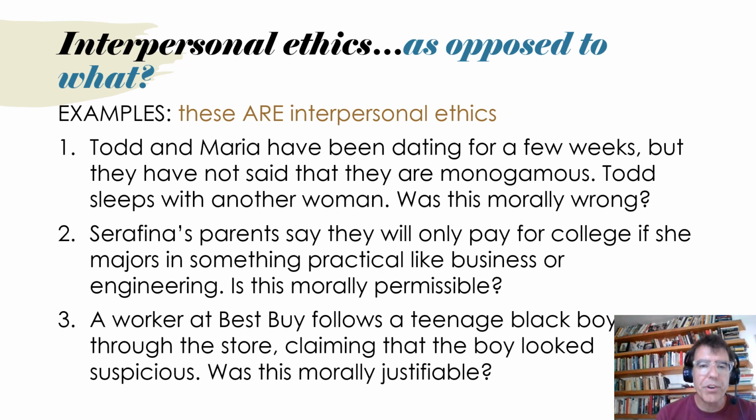And in number 3, we have interpersonal ethics that's more out in the world. So this is still an interaction between people, but it's out in public. It's at a store. All of these are the kinds of things that we're going to work on this semester in Philosophy 122.